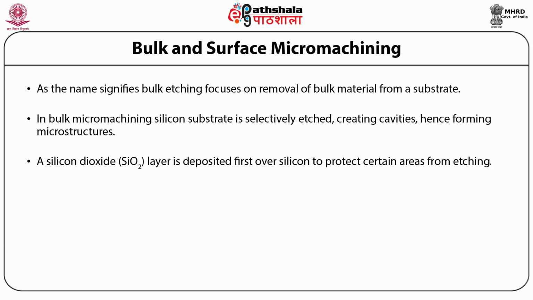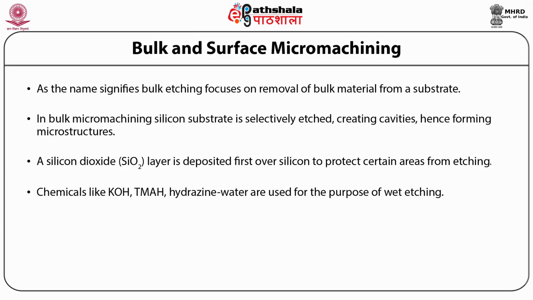As the name suggests, wet etching involves the use of aqueous chemicals which then etch the wafer surface away. Chemicals like potassium hydroxide, TMAH and hydrazine water are used for wet etching.